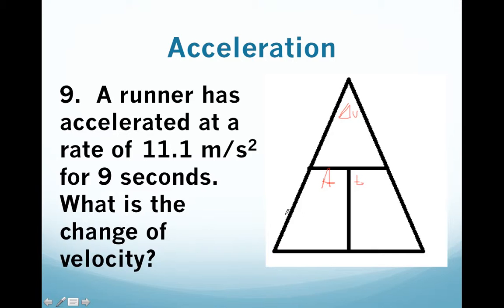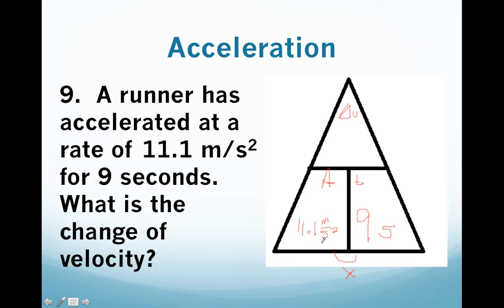So the acceleration is 11.1 meters per second squared. Your time is 9 seconds, and if they're side by side, what did I say you do? Side by side, you multiply.